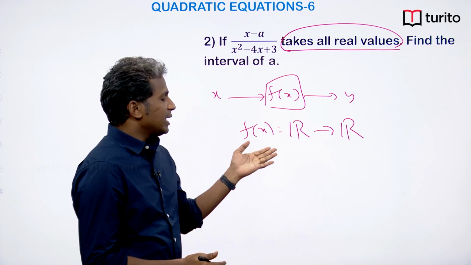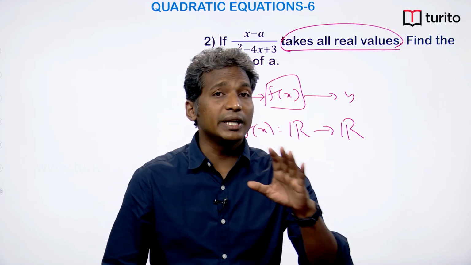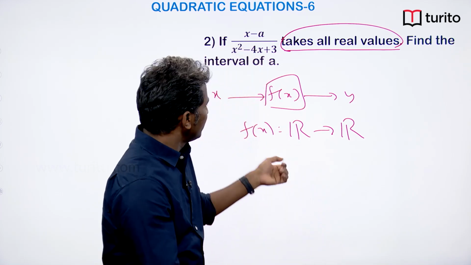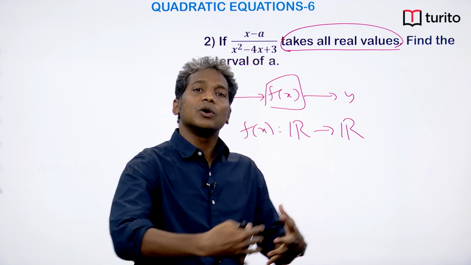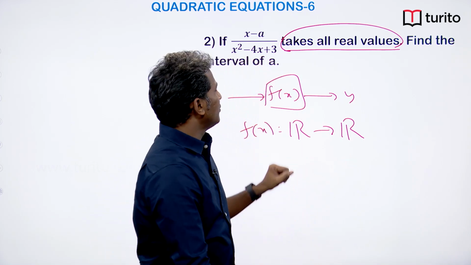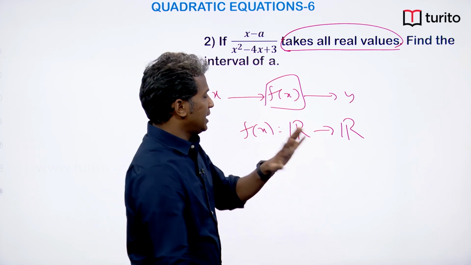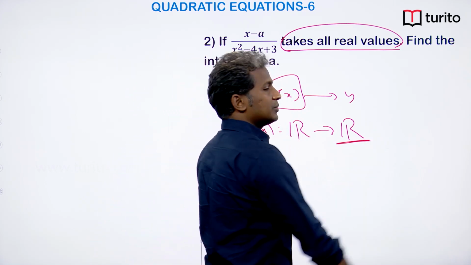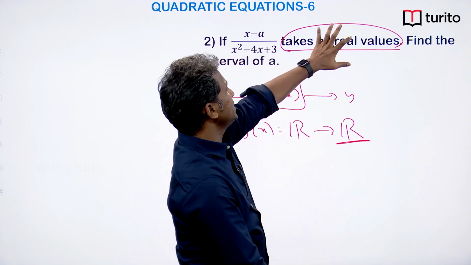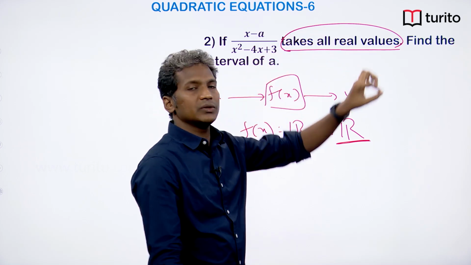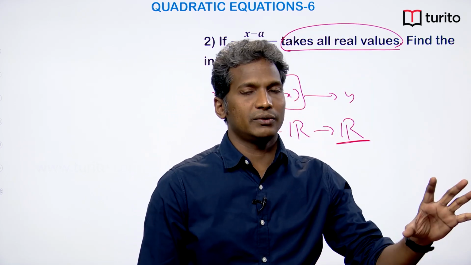If I say x takes all real values, it means from the set of inputs, x is taking all of them. Now, if I say f of x takes all real values, it means from the set of outputs, it is taking all real values. So if a function takes all real values, it means the range of the function is going to be all real values.